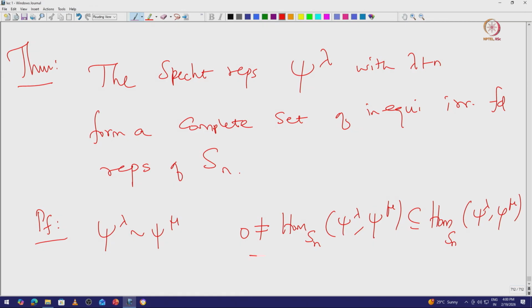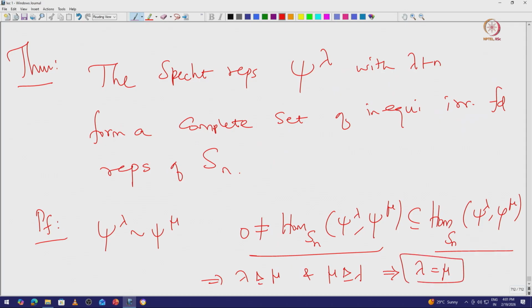Since this is non-zero, that would imply that λ indeed dominates μ using our earlier lemma. Now, using the symmetric argument, you can also show that μ dominates λ, and that would imply that λ equals μ. So, this says that whenever these two Specht representations are isomorphic, the corresponding partitions must be equal, and this completes the proof of this classification.